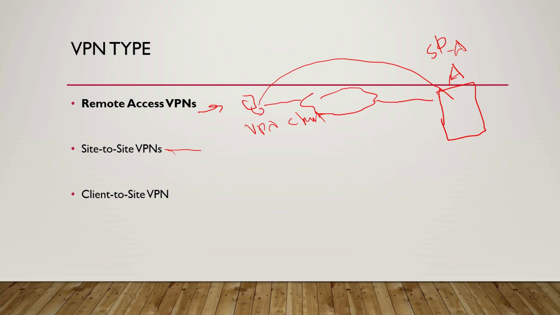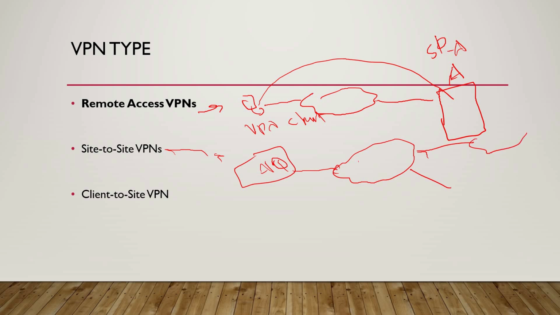For site-to-site, for example, let's suppose we have an HQ connected to the internet, and we have other branches, for example branch A and branch B. To guarantee the communication between HQ, branch A, and branch B, you need to use a VPN. We need IPsec, which we're going to explain more.